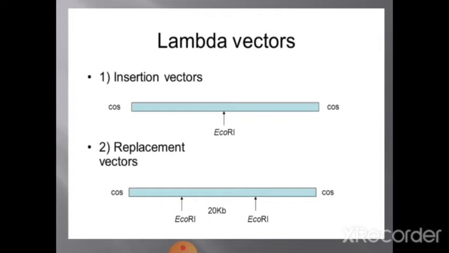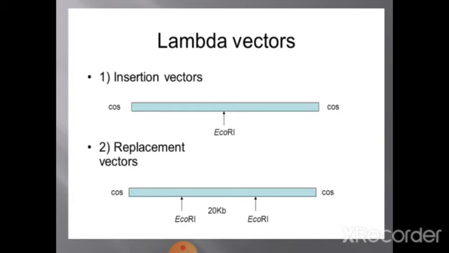In that place, you can add the DNA insert of your choice. So it goes without saying that you can insert DNA inserts of bigger size in replacement vectors when compared to insertion vectors. Okay. So up to 24 kb you can insert.